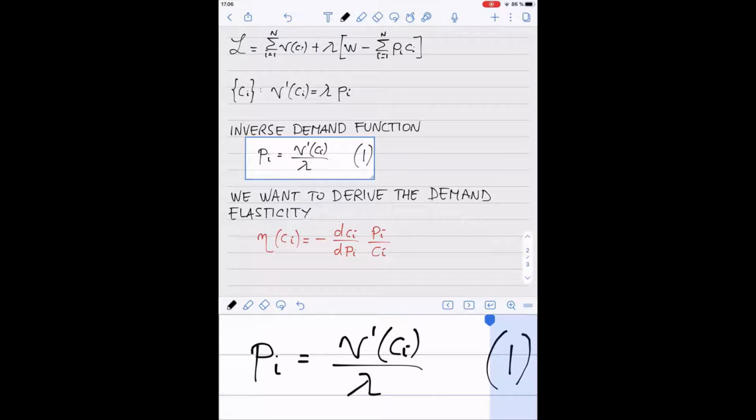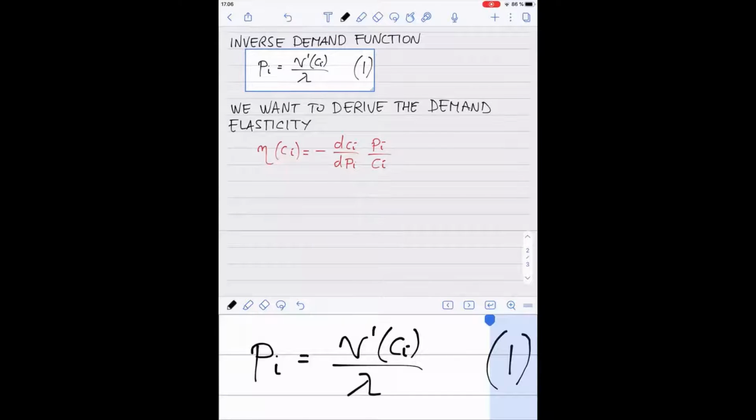Now, a crucial assumption of the Krugman model is the assumption of monopolistic competition. And in monopolistic competition, the idea is that firms are so small that they do not affect lambda. They do not affect the marginal utility of income. In other words, they do not affect, in general, any market aggregates that appear in the inverse demand function.